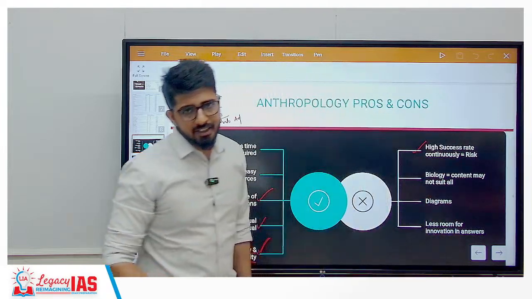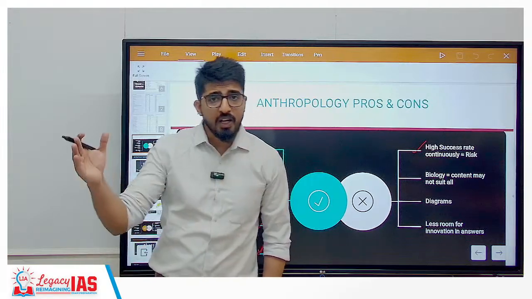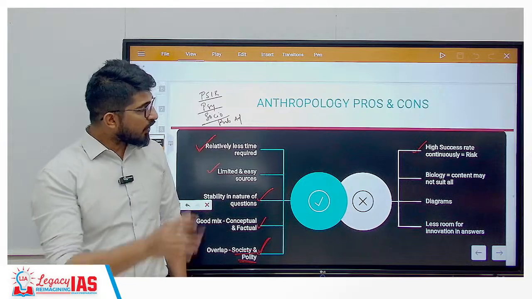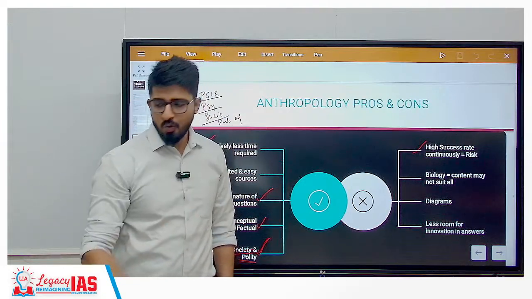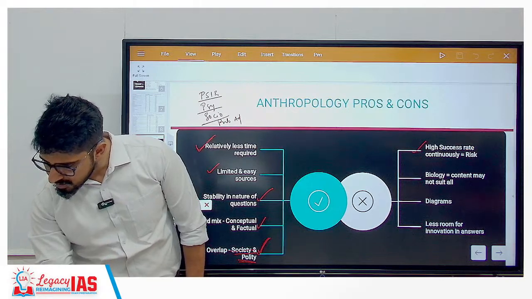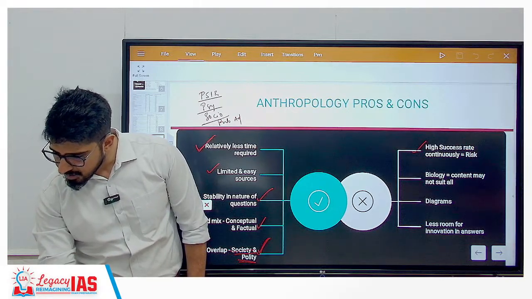high success rate continuously. Over the years, when you look at it, anthropology has been doing well continuously. Sir, what if I have interest in a certain subject and I have zero background in it? Can I still choose it?